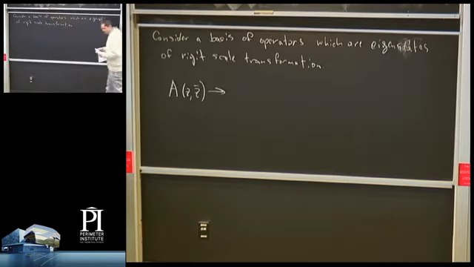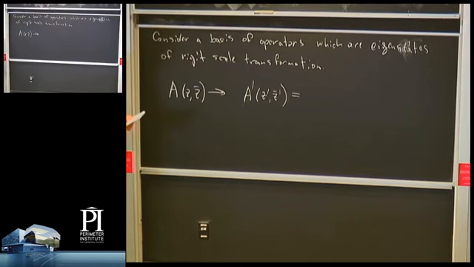Okay. So what does that mean? This means that if I have an operator A of z, z bar, under conformal transformation it would go to some other operator, A prime of z prime, z prime bar.